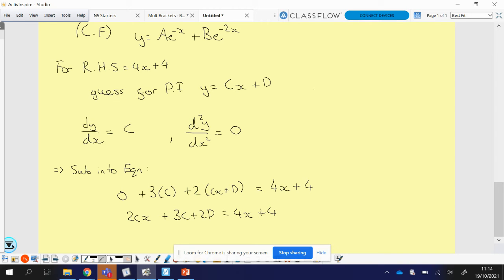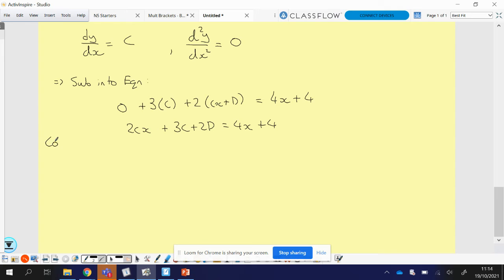By comparing coefficients, well, I know 2cx has got to equal 4x, so therefore 2c has to equal 4. Therefore that tells me that c is the value 2. That comes from the x parts there.